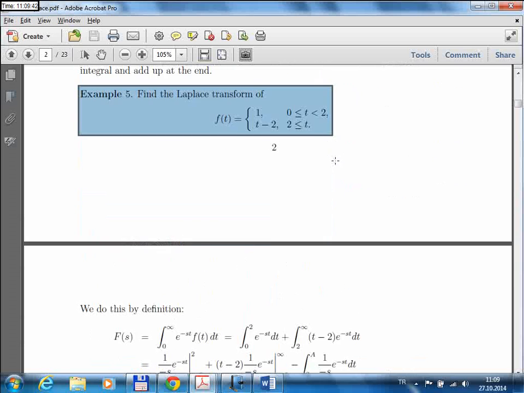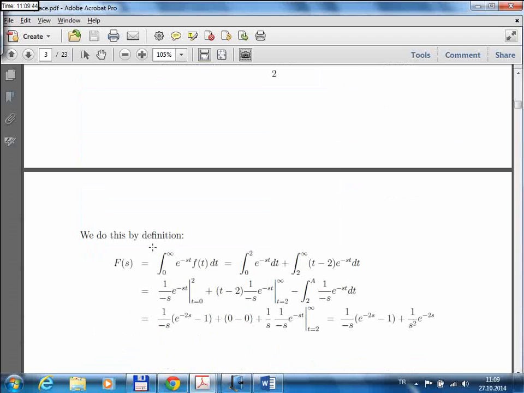Okay, so we use the defining integral. So this is how we compute the transform. And our f of t is now defined in 2 different intervals. So we can take this integral and divide it into 2 first.